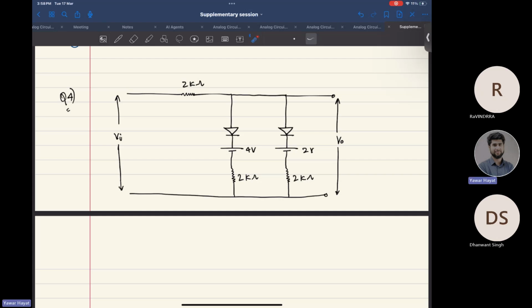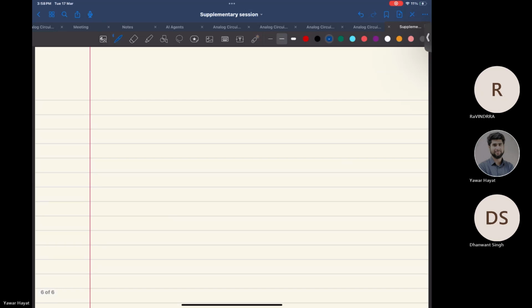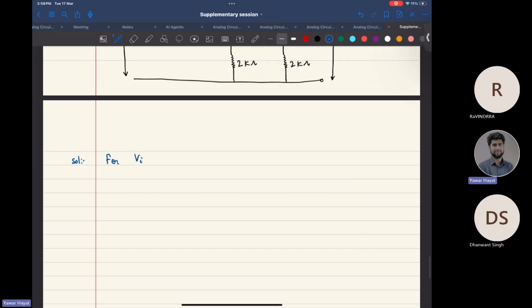So how should we approach? If my input voltage Vi is less than or equal to minus 2 volt, my V out would be V in.